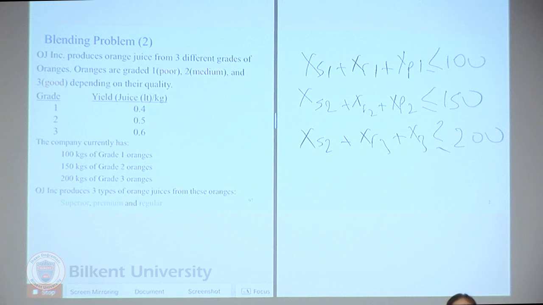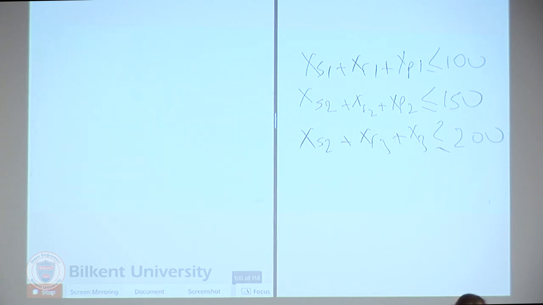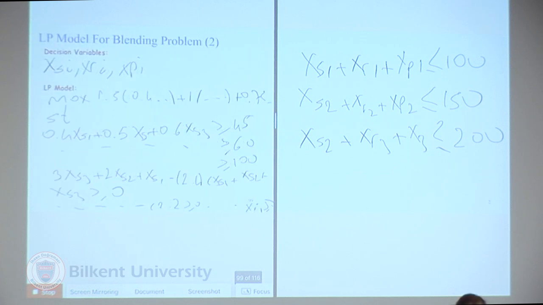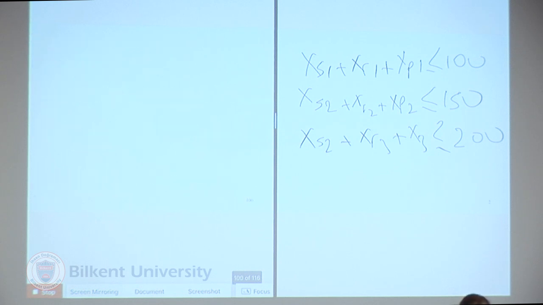Okay? So the overall model should look like this: we're maximizing profit, subject to demand, supply, grades, and non-negativity. Okay?